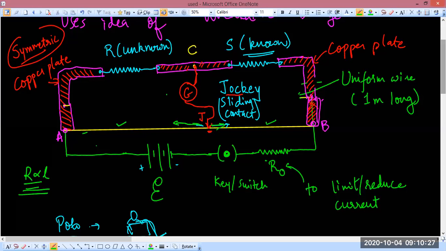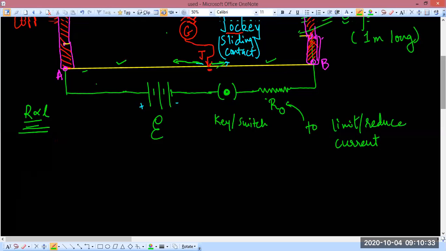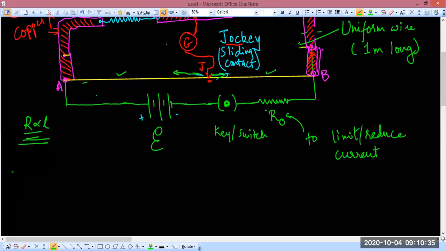Again, this is extremely practical. If you're writing an answer, you could just write one simple sentence as follows: meter bridge works on Wheatstone bridge principle.